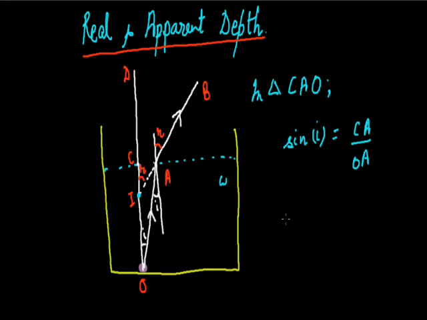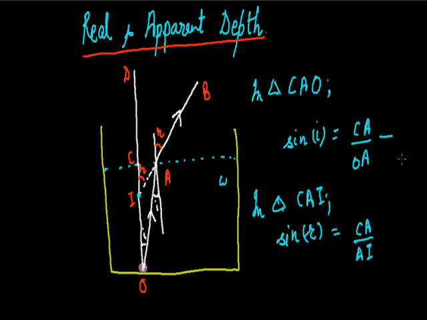Now, if we consider the other triangle, triangle CAI, it is also a right angle triangle, and from this triangle we can get the value of sine of the angle of refraction, and sine r is equal to CA, which is the perpendicular again, and in this triangle the hypotenuse is AI.